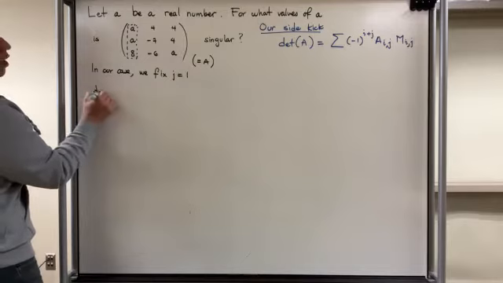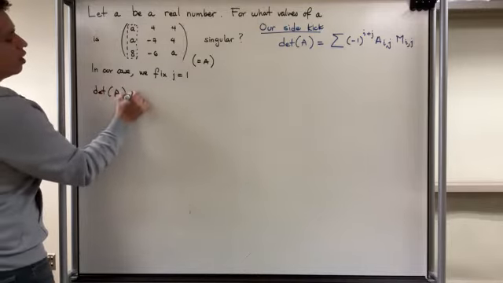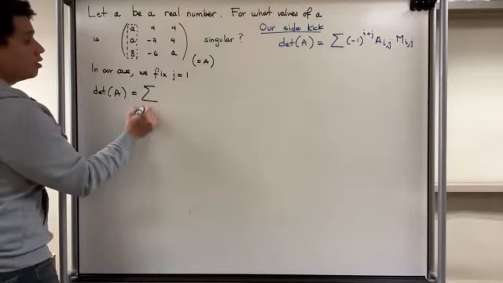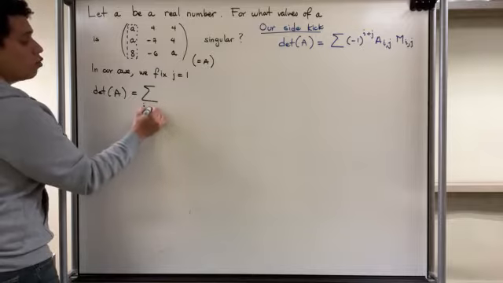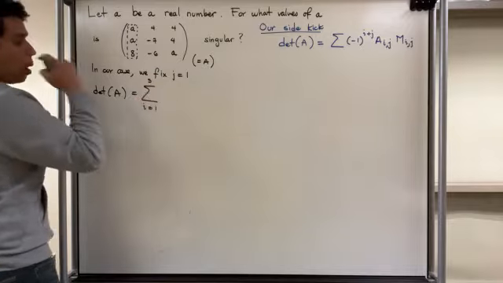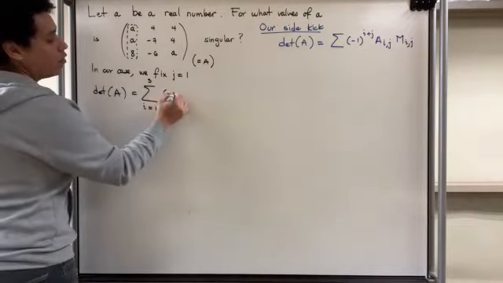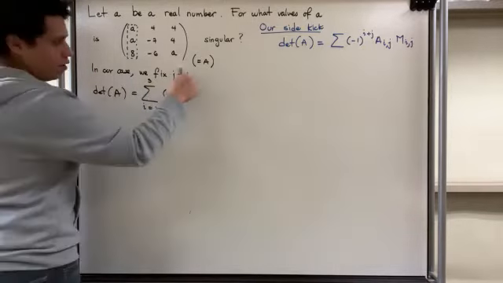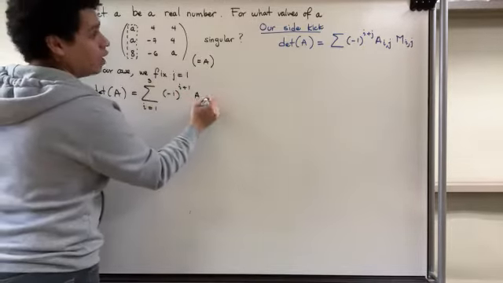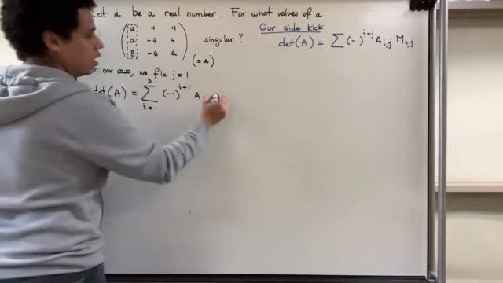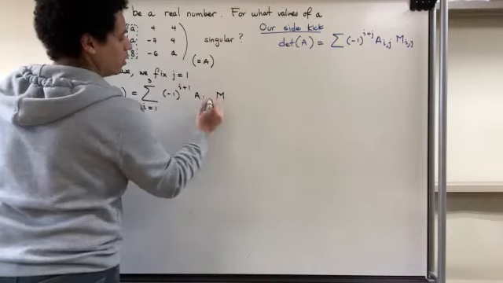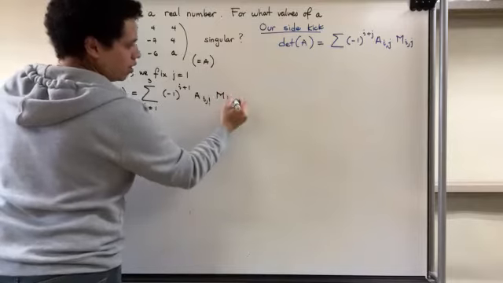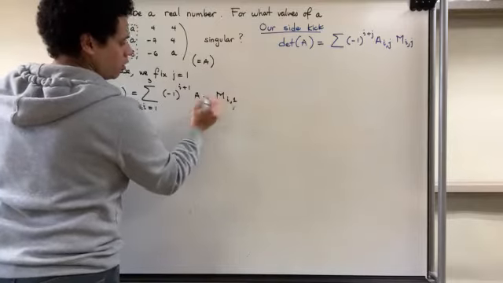I'm going to say the determinant of A is the following expression. The sum from i running from 1 up to 3 of (-1) to the power of i plus 1, remember, I'm leaving J fixed, the first one, a_{i1} M_{i1}.